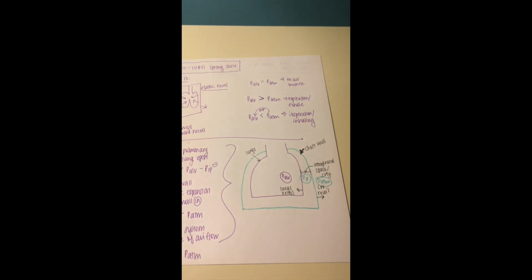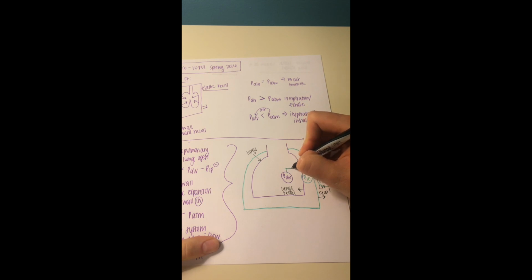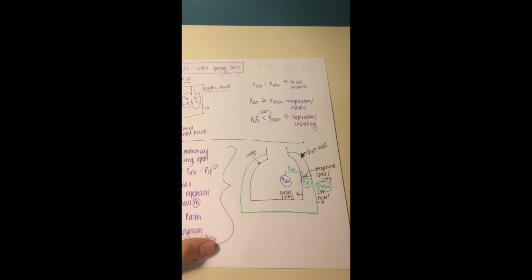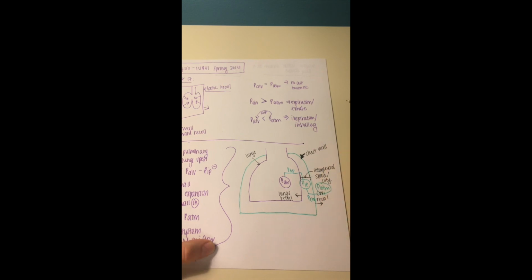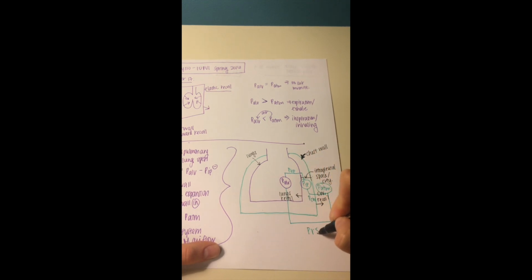So your transpulmonary pressure is going to be basically just the difference between these two right here. And then your chest wall pressure is going to be the difference between these two. And then the difference between basically all the way inside and all the way outside, so alveolar pressure minus atmospheric pressure, is going to be your pressure in the respiratory system.